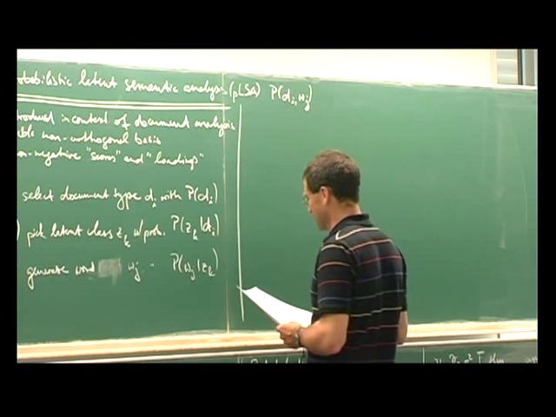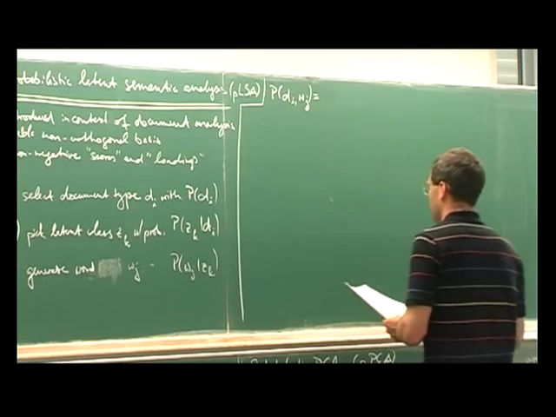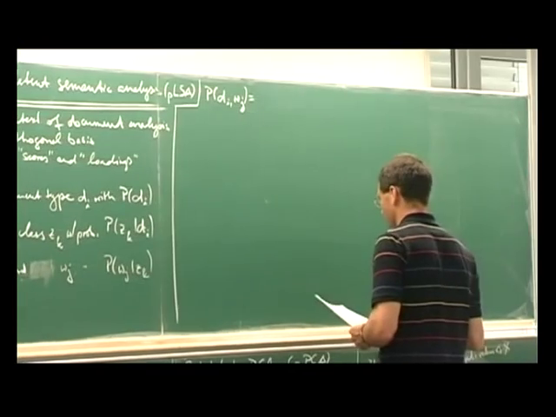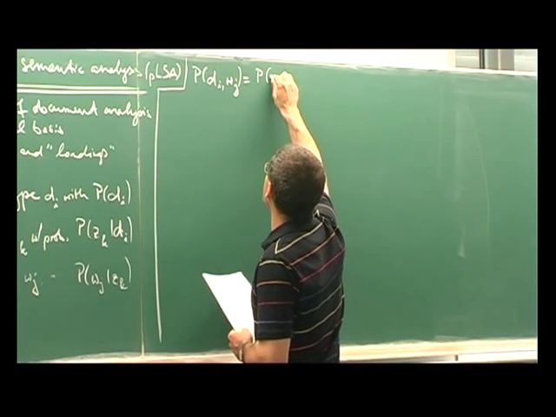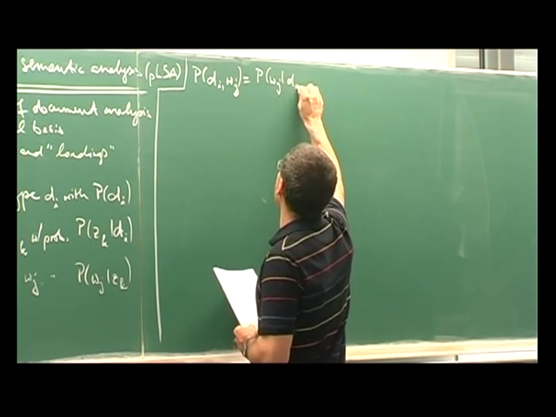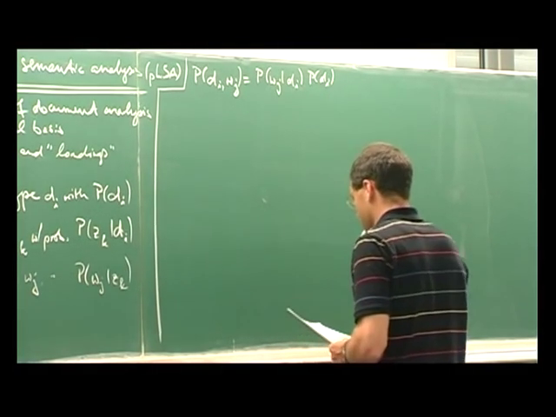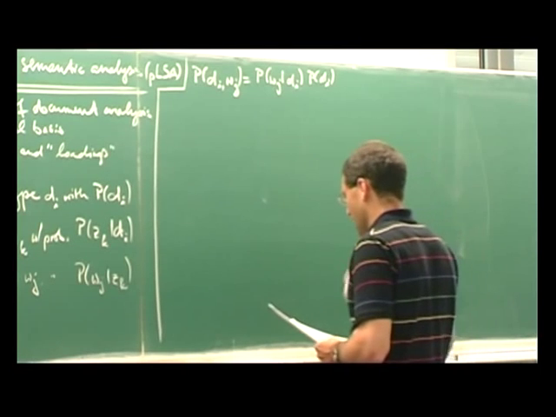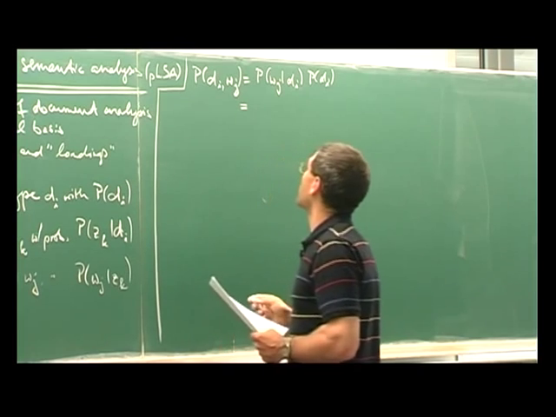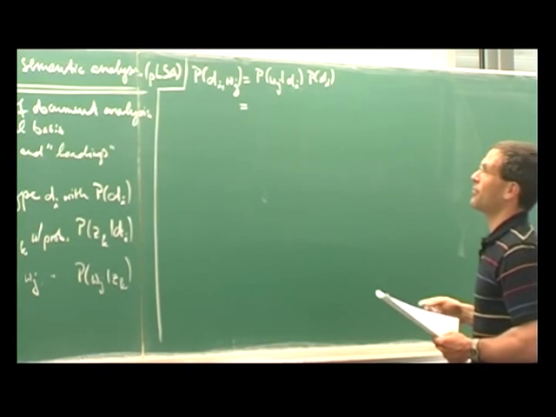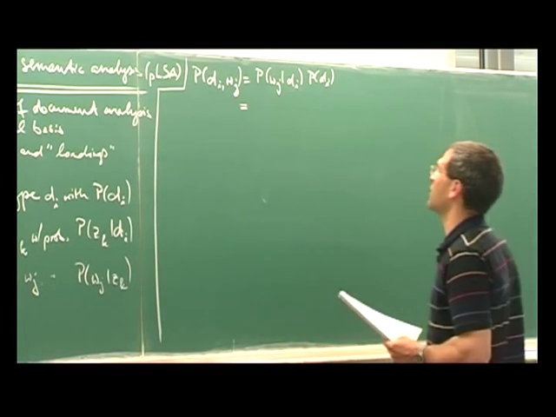So the joint probability of observing a document and a word would be, by Bayes' rule, and now we have the first stage here, the document, and the last stage, the word, but we don't have the latent variable in there.